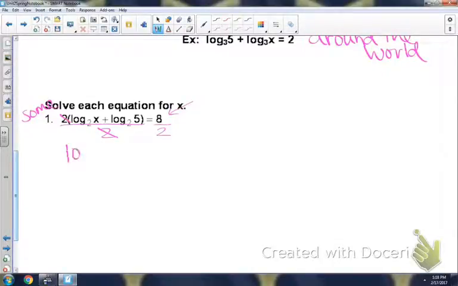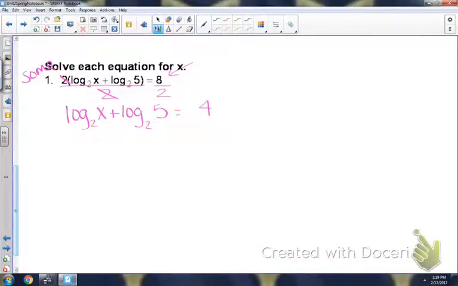Then I'm going to have log base 2 of x plus log base 2 of 5 equals 4. I want to condense that left side into 1 log. So notice we're adding and the bases are the same, so to condense we'll multiply.